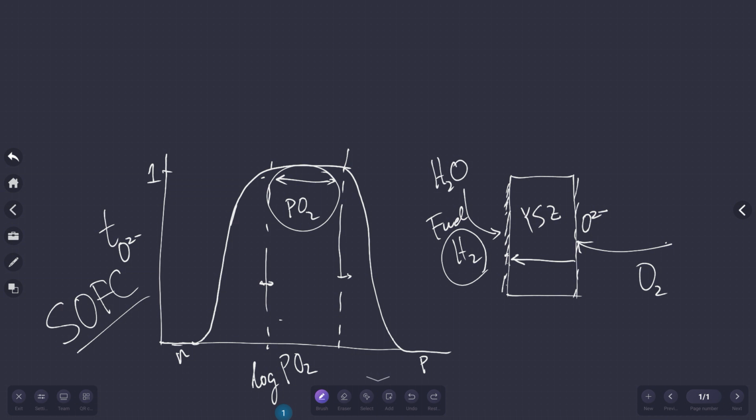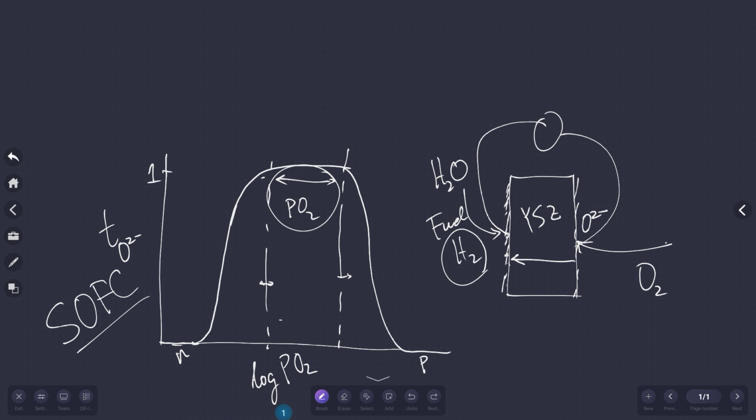And in the process, you will get a flow of electrons through the external circuit. So that's the whole idea: you're converting the chemical energy of the fuel into electricity.